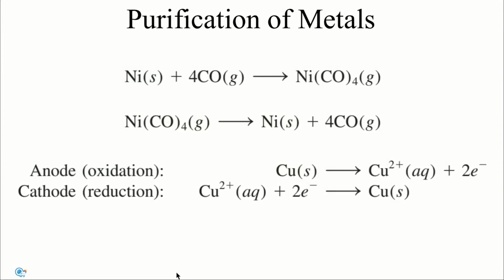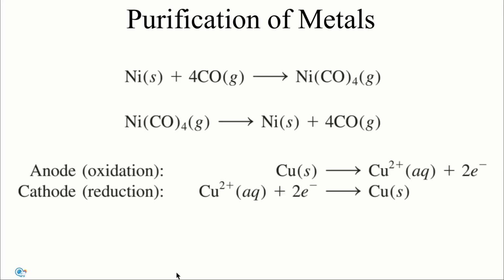Reactive metals in the copper anode, such as iron and zinc, are also oxidized at the anode and enter the solution as iron 2 plus and zinc 2 plus ions. They are not reduced at the cathode, however. The less electropositive metals, such as gold and silver, are not oxidized at the anode.